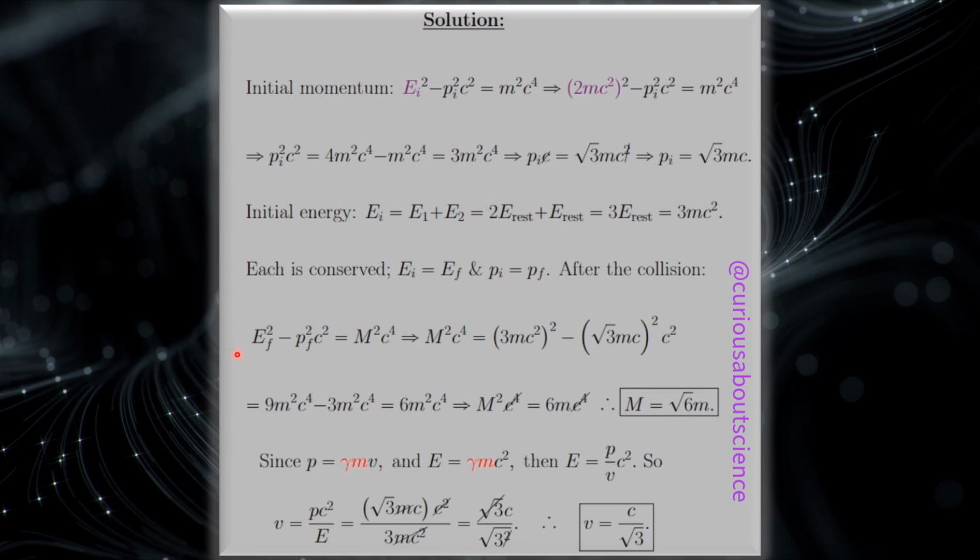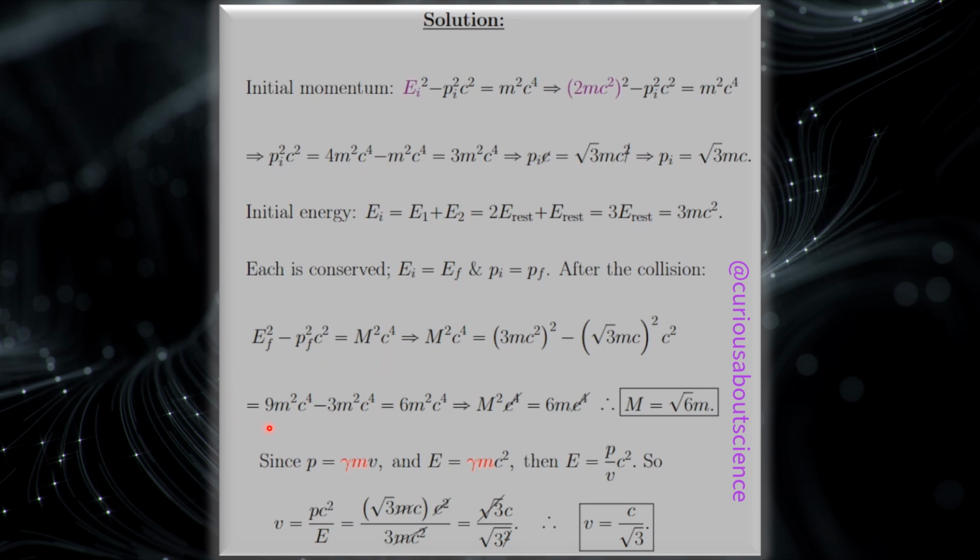After the collision, of course, we have to do the same thing, except on the right-hand side of the momentum equation we have a big M since they combine. Notice that E_i has to equal E_f, and p_i has to equal p_f, so we can plug in the p_i and E_i with the substitution accordingly. This is the E_i that we substitute in, and this is the p_i that we substitute in, times a c squared term there.